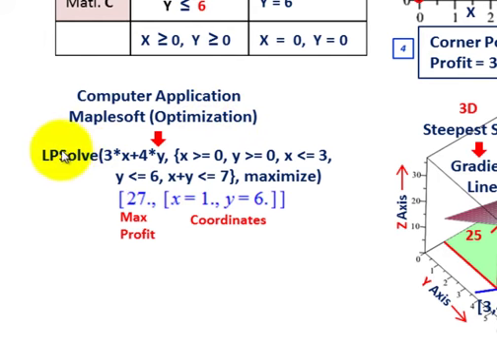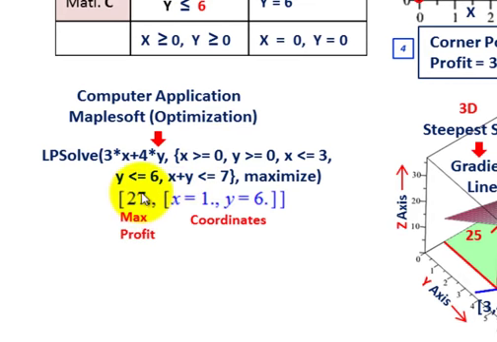All you do is put in the function LPSolve, and then in this case we're going to try to maximize 3x plus 4y, subject to those constraints: x greater than or equal to 0, y greater than or equal to 0, and then x less than or equal to 3, y less than or equal to 6, and then x plus y had to be less than or equal to 7. Then we hit maximize, enter that into the software function that we have here, and it gives you the value.